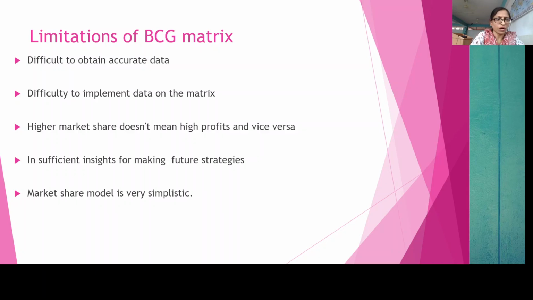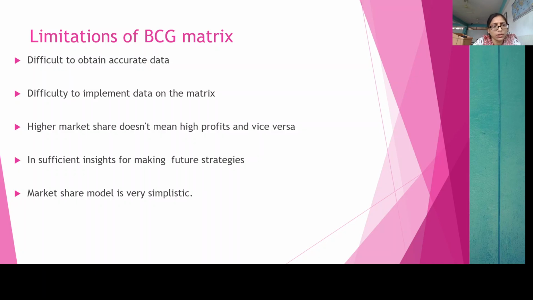And suppose a particular product is in question marks; tomorrow if we give more focus to that segment, through advertisement or promotional activities and loyalty programs, there is a chance that the question mark can become a star.